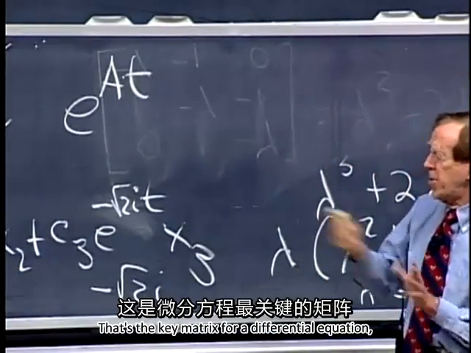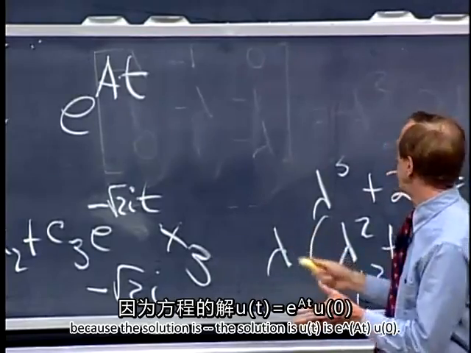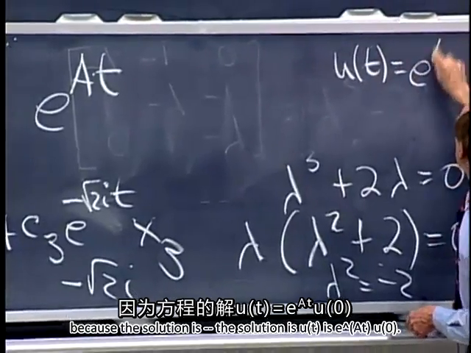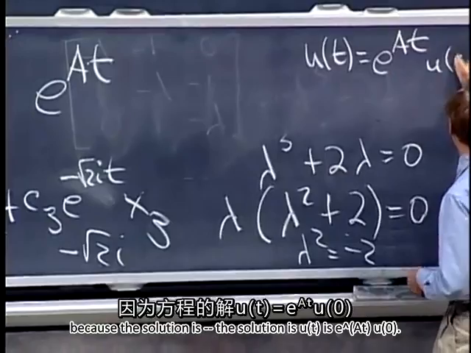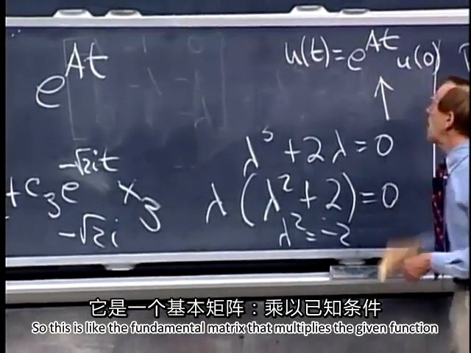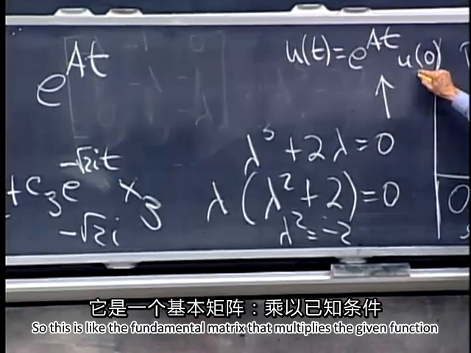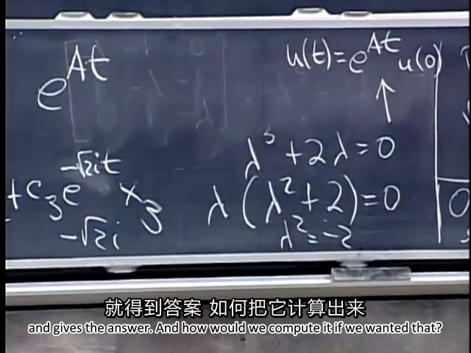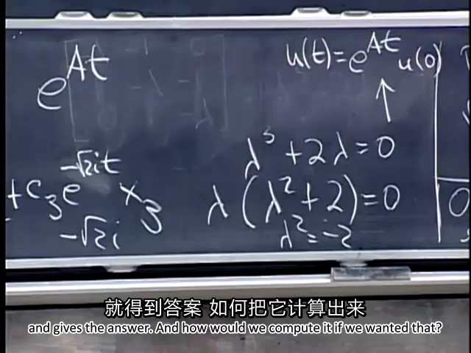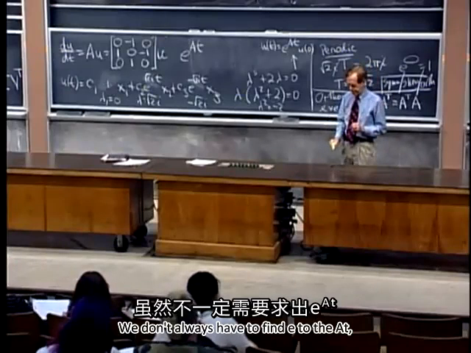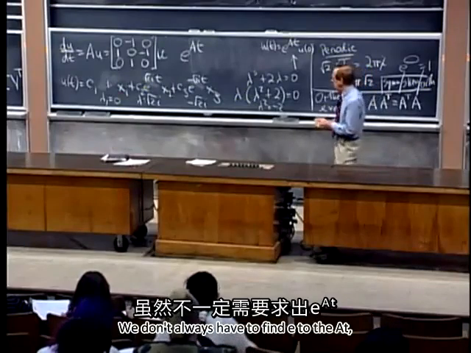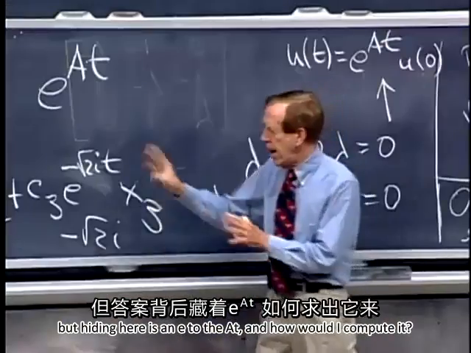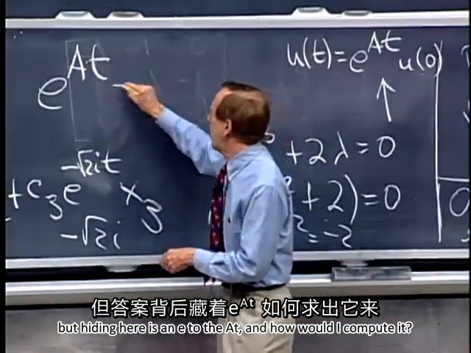That's the key matrix for a differential equation, because the solution is u of t is e to the At u of 0. So this is like the fundamental matrix that multiplies the given function and gives the answer. And how would we compute it if we wanted that? We don't always have to find e to the At, because I can go directly to the answer, but hiding here is an e to the At, and how would I compute it?